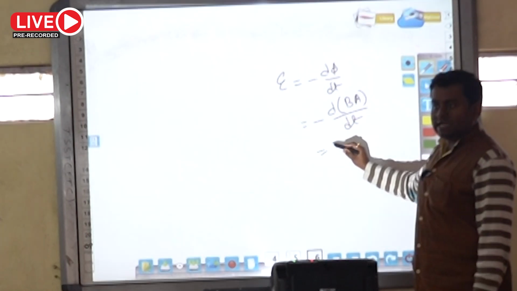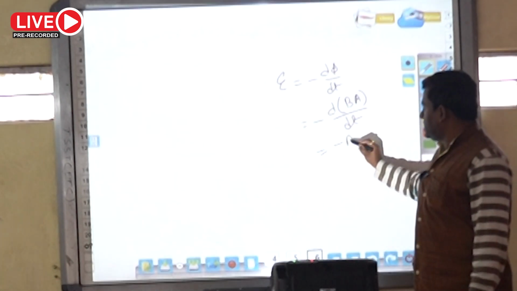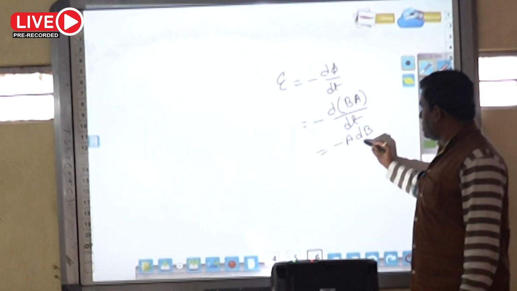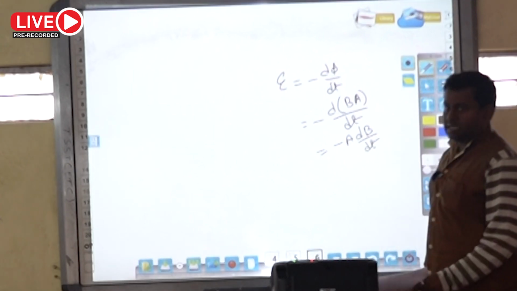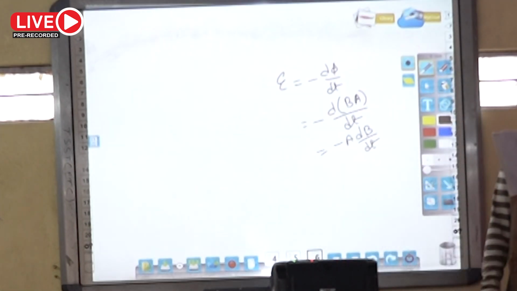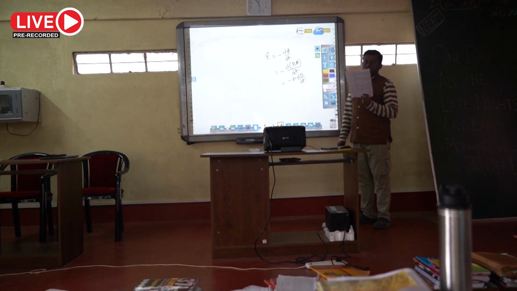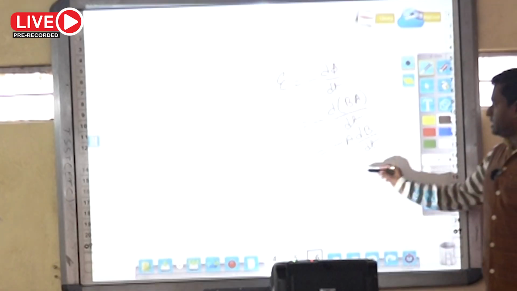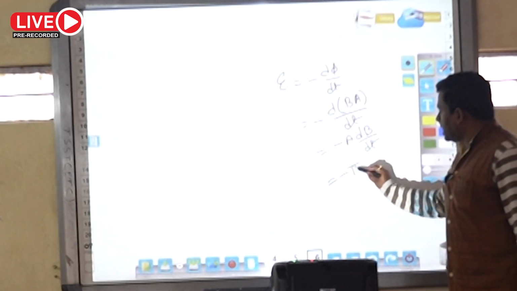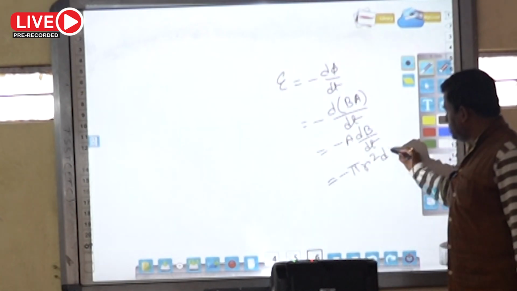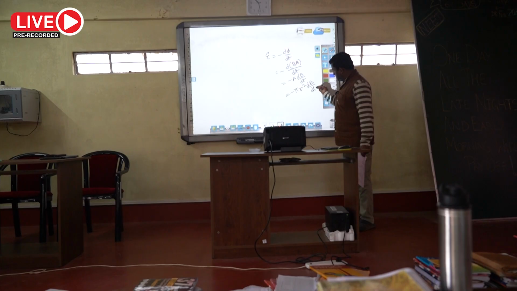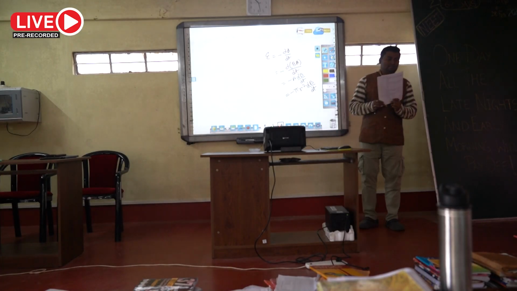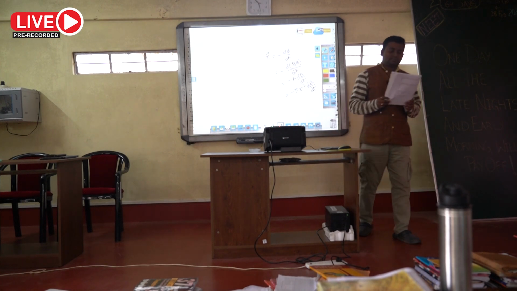So B is variable, area is constant. So I can take this one out and this will be dB/dt. And what is the area through which lines are passing? Small r, pi r square. So E will be minus pi r square dB/dt. Okay.